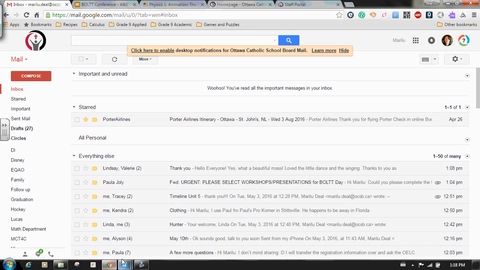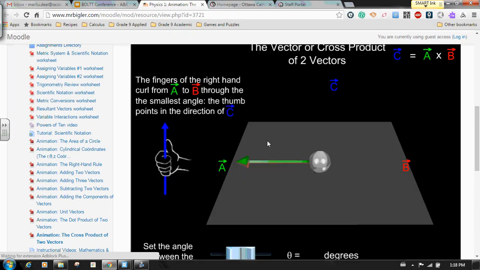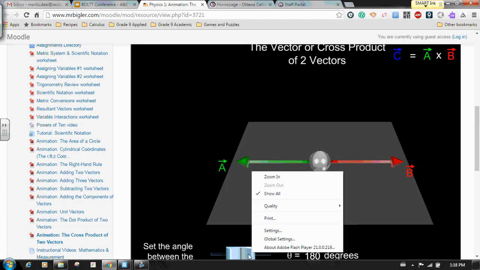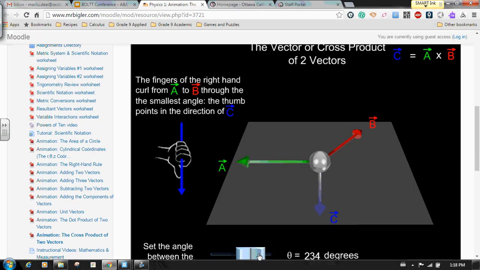So here's a little diagram so you can see what's happening. Here is the vector of the cross product. I have vector A and vector B. When I cross them, you'll notice down at the bottom that the angle between them is 180 degrees. If I move it to the right, you'll notice the angle is greater than 180 degrees, and that new vector C is pointing downwards.